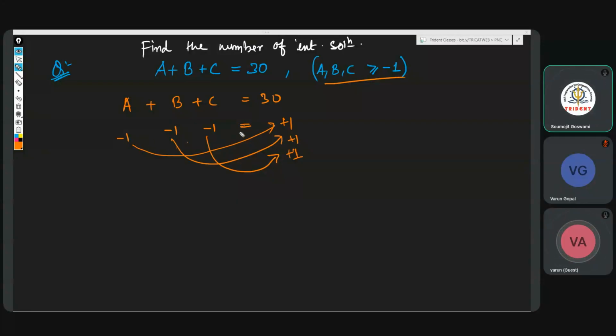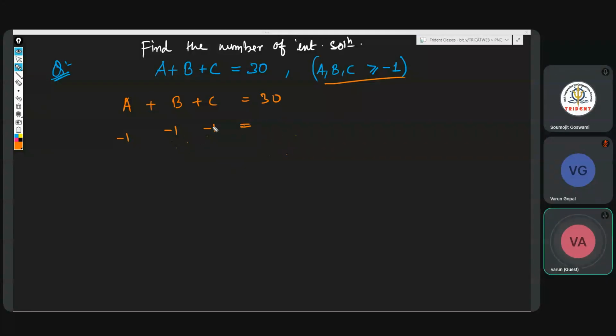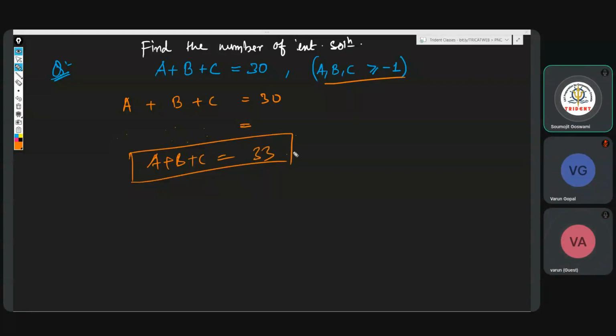It is negative, negative, negative that you're doing, so ultimately you're getting how much? 33. Yes, I did 27 here. So a plus b plus c will be 33. How many whole number solutions will you get? 35C2. And yes, this is the answer. As simple as that.